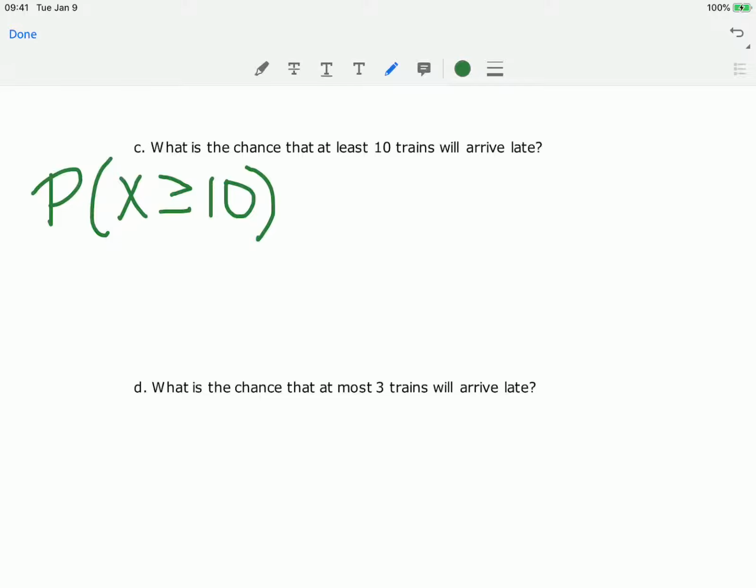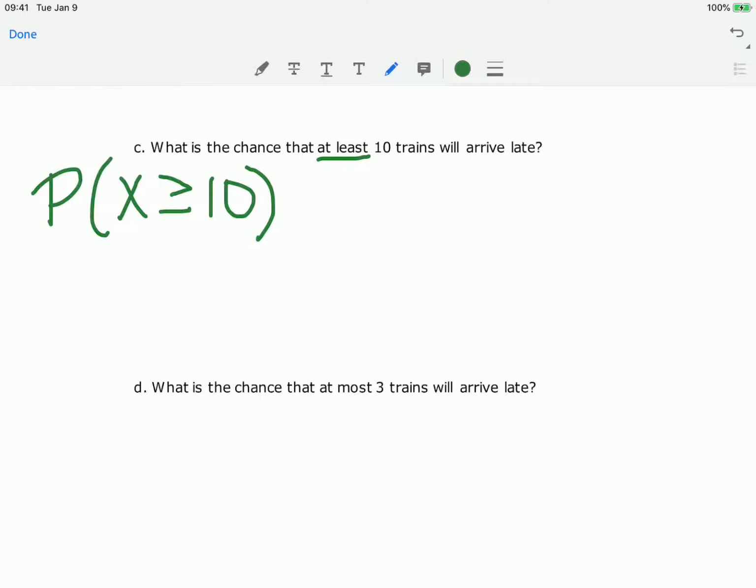And think of it this way, if you have to be at least 16 to have a driver's license, you cannot have a driver's license when you're 15. You can have one when you're 16, 17, 18, 19, all the way up to 100, or infinity, really. But you cannot have one when you're under 16. So the key word here, at least, means we're looking for the probability that x is greater than or equal to 10.